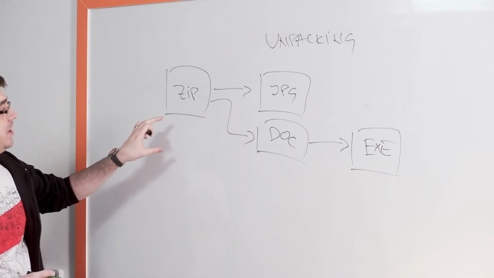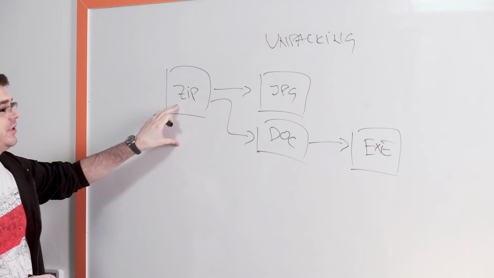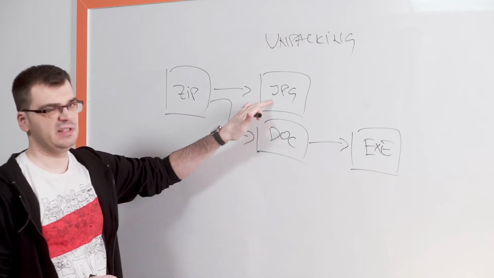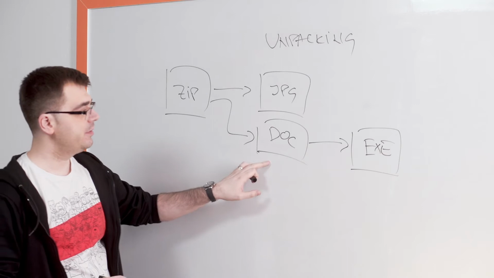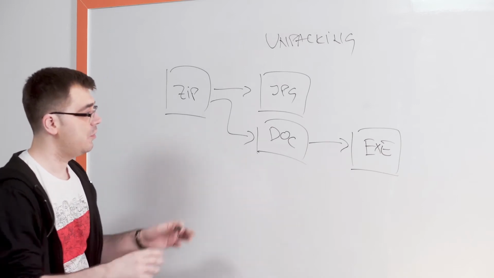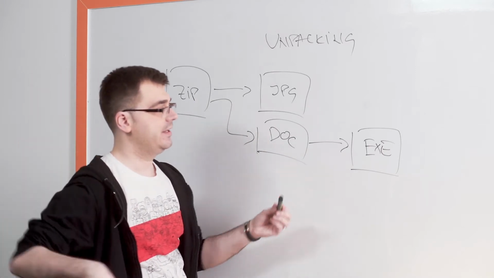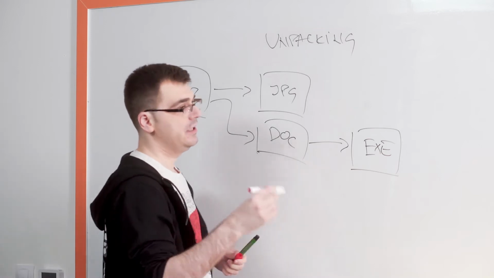So you need to say, well, on the zip level, I'm not yet sure if this file is malicious or not. The JPEG is not really malicious. The document itself, again, no scripts, nothing else on its level, which is malicious, but then I get to the executable. And let's say this executable is a backdoor.